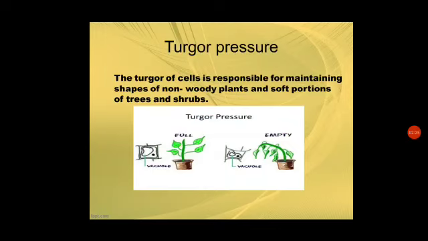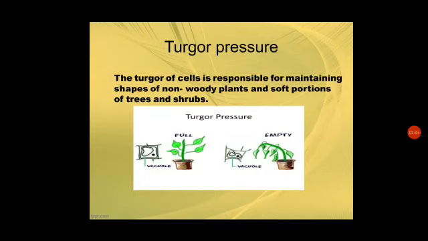Now we will discuss turgor pressure. The turgor of the cell is responsible for maintaining the shapes of non-woody plants and soft portions of trees and shrubs. Before that, we have studied water balance problems in cells.